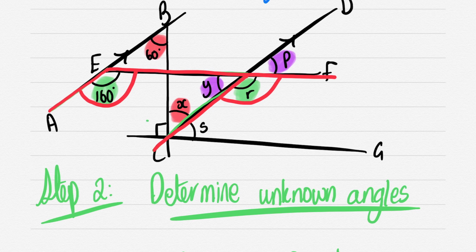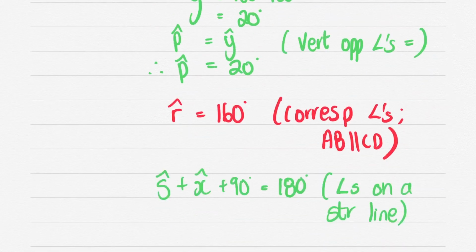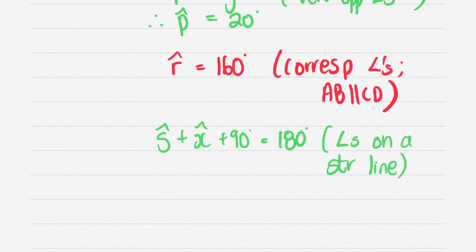So we see that at the point C, we've got 90 degrees, we've got X and we've got S, all of which add up to 180, meaning that X and S will also add up to 90, meaning they are complementary. If you're not sure what the word complementary means, have a look at the previous video again. All of these terms are explained in that particular video.